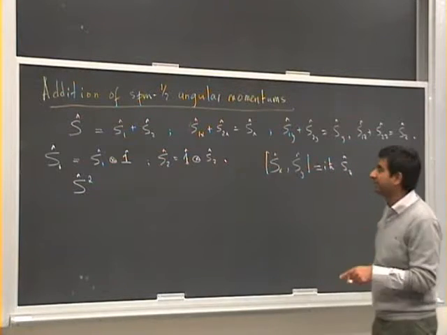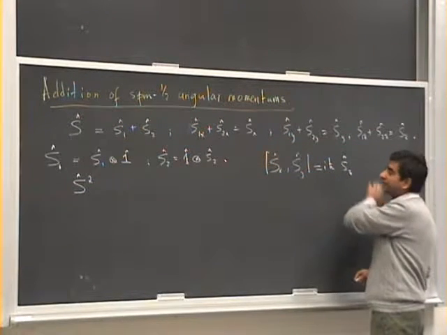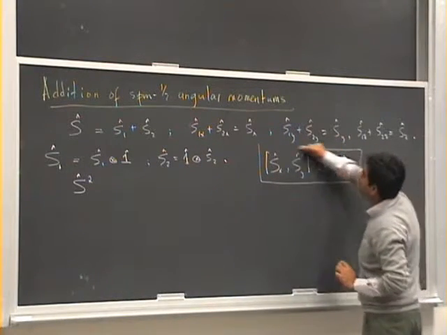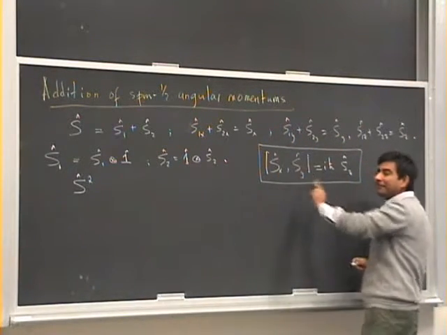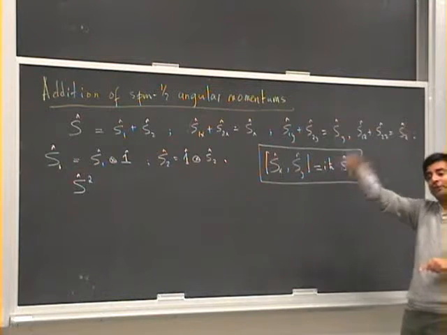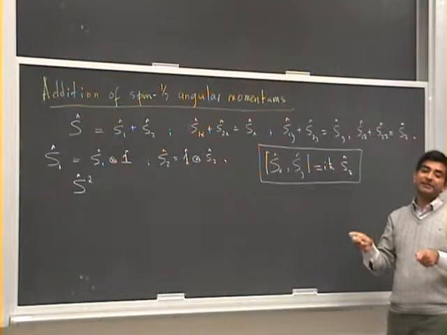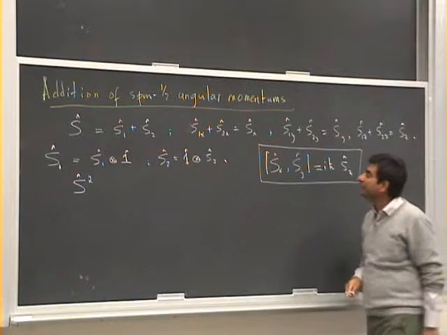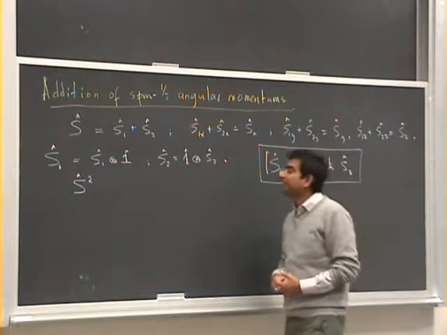If we have an operator whose three Cartesian components follow this commutation relationship, it's called an angular momentum operator. And these angular momentum operators are generators of rotations. We've learned this in quantum mechanics.